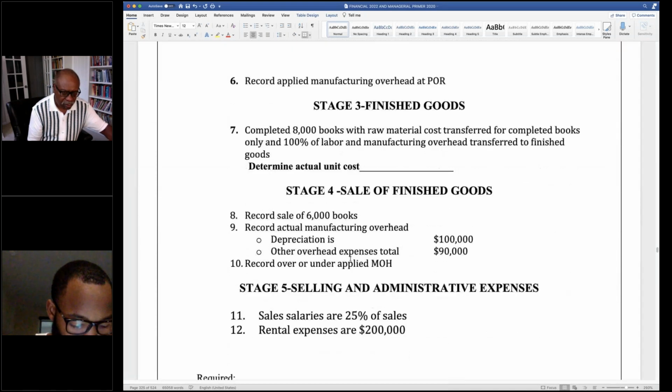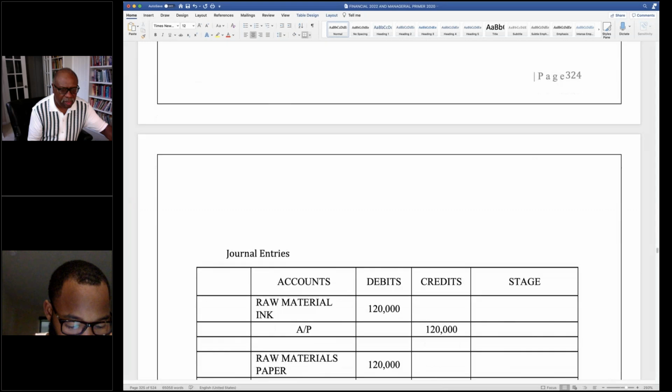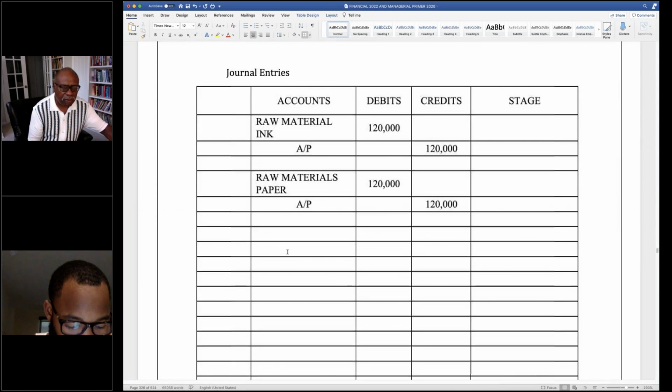So once again, as we move to stage 2, we have the journal entry where we're going to debit what? Work in process.